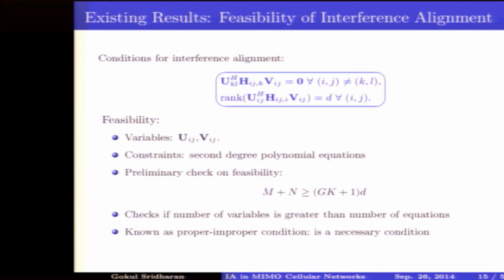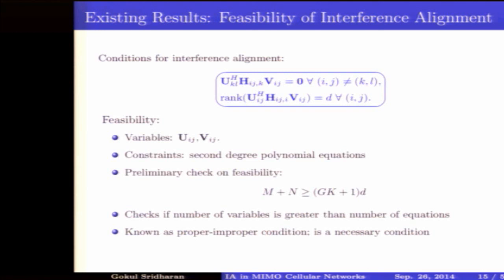Remember that u is a variable for you as well as v, right? Polynomial systems of equations are not as straightforward as linear systems, but there's one thing that you can always say. You must require more variables than there are equations, right?